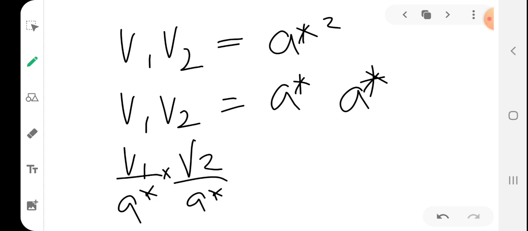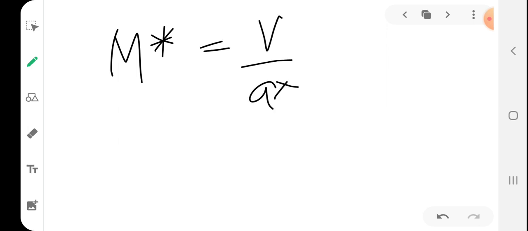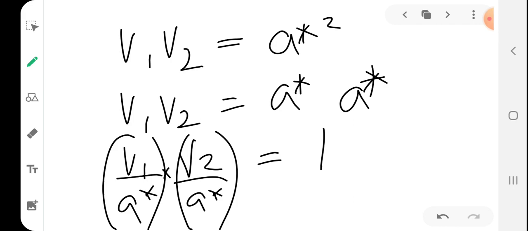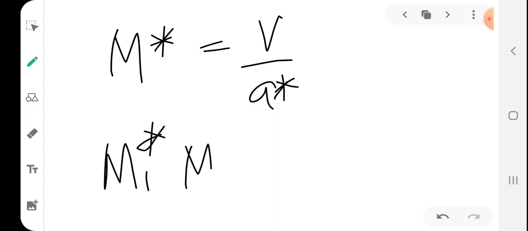So the product of these two terms is nothing but 1, since I have taken both A star to the left hand side. So what are V1 by A star and V2 by A star? We have already studied a term called M star, the reference Mach number, as V by A star, right? So I can write the product of M1 star and M2 star as 1.